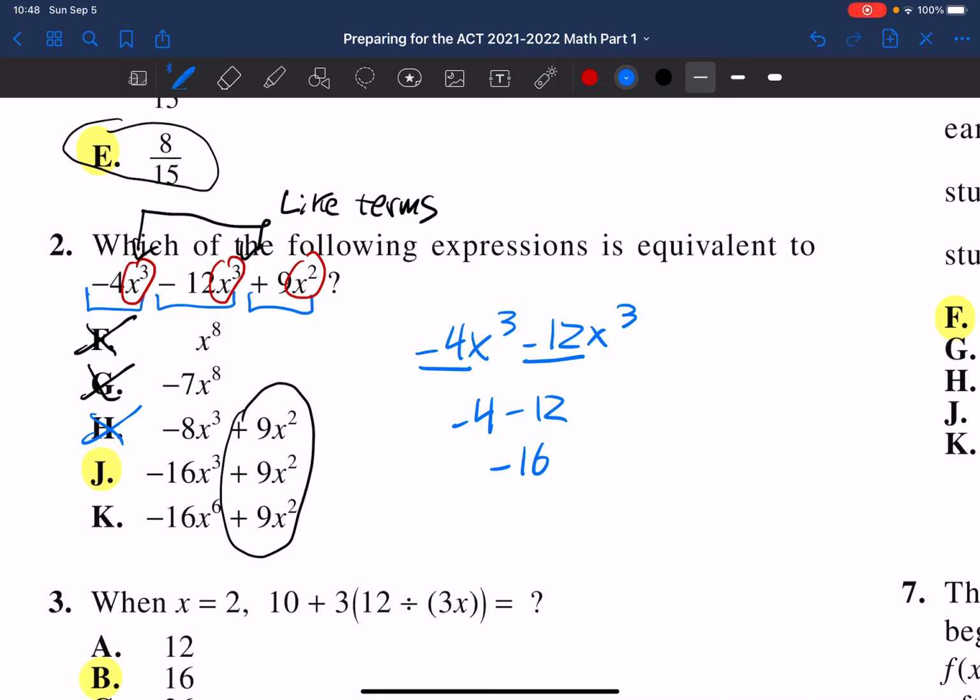No, the x cubes are just there to tell us what type of number they are. Think of it as we owe $4 and now we owe 12 more. So this is still the same type. It's still negative 16x cubed. So the answer is letter J.